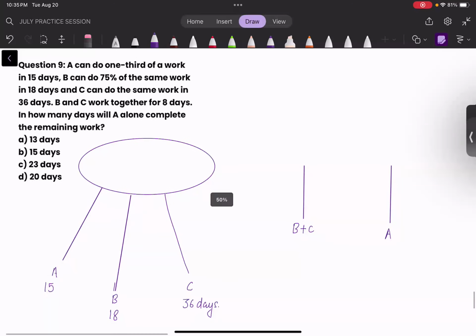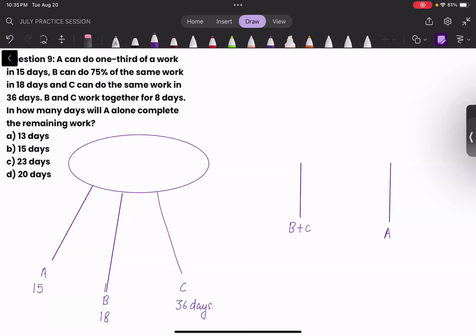All right. Carefully observe the question. I have written the A value. Is it right? No, it is 1/3. 15 days is the value for 1/3.